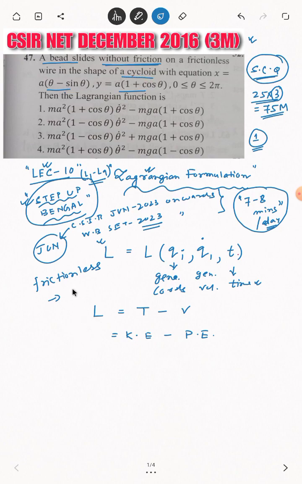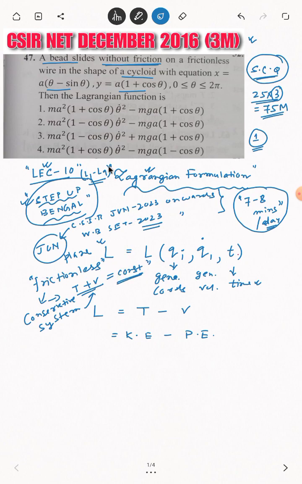Frictionless means that the sum of potential energy and kinetic energy is constant, because, as we will later see in our lectures, in a frictionless plane we have a conservative system, and in a conservative system T plus V is constant. But in this problem we should not bother about it.